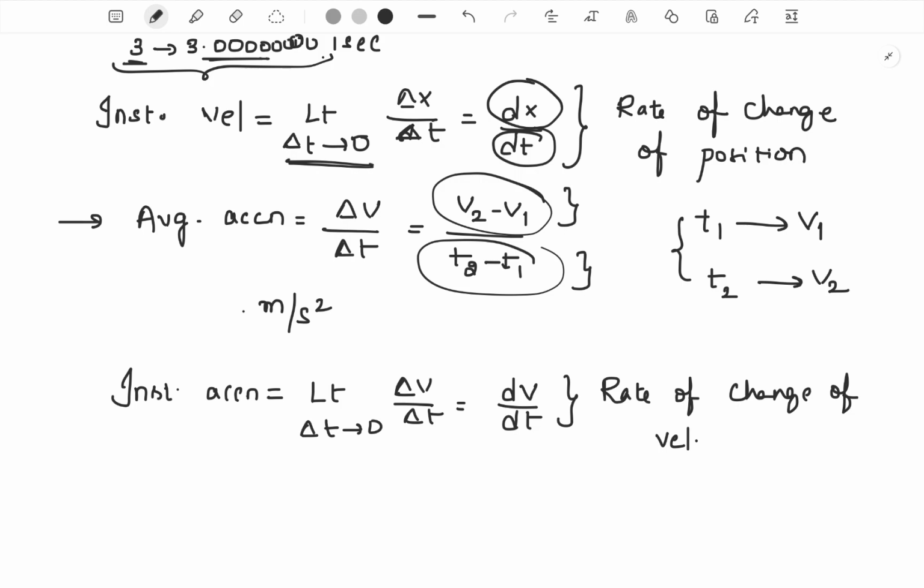Instantaneous acceleration is also a vector quantity, as is average acceleration. Now we have understood the basic terminology. Let's discuss a few example problems of how these things can be used to frame questions.